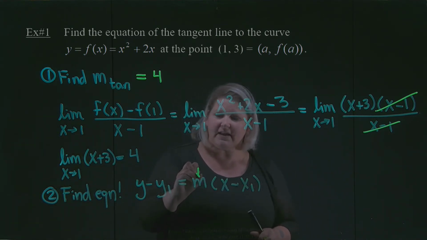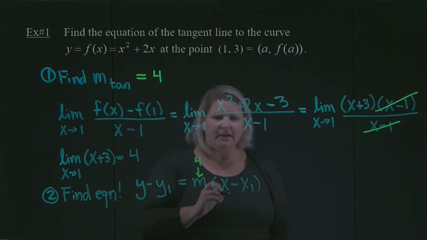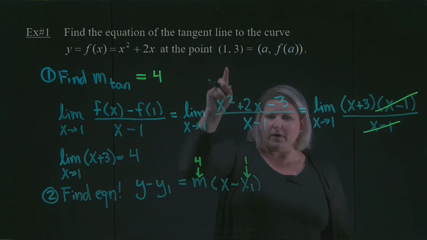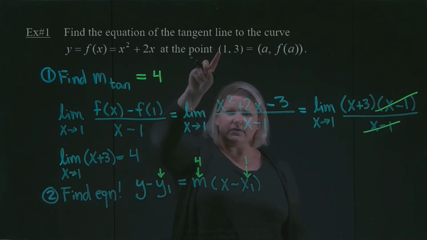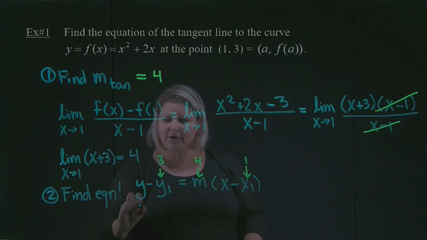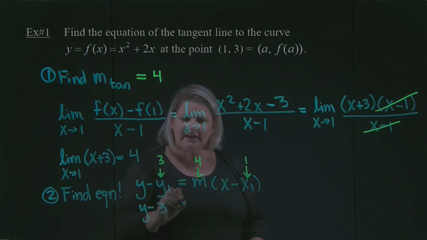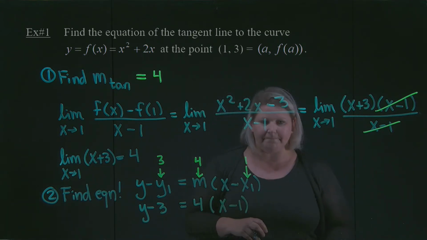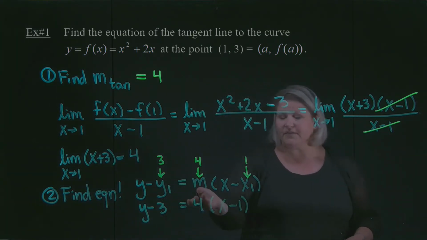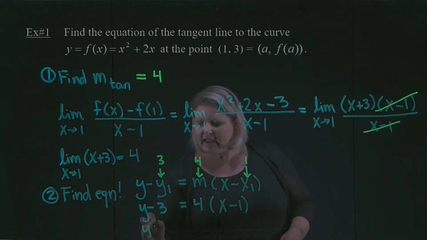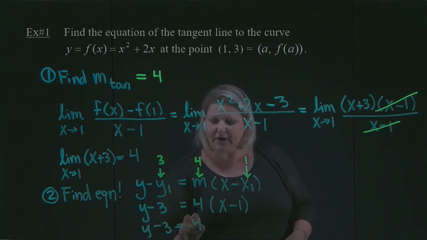So this thing right here, this is going to get my 4. My x value is that value of 1 for the point. My y value is the value of 3 for the point. So I'm going to have y minus 3 equals 4 times x minus 1. In order to solve this for y, I just need to multiply out the 4 and add the 3.